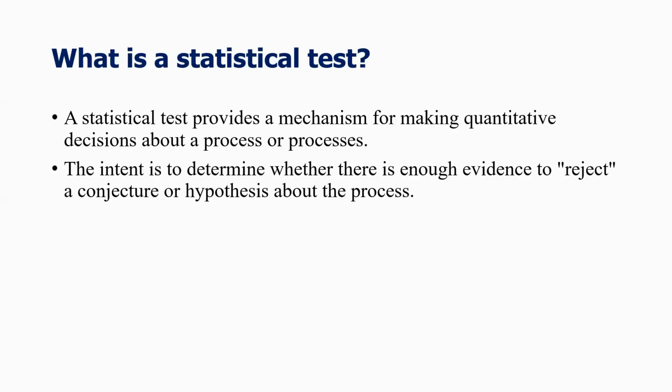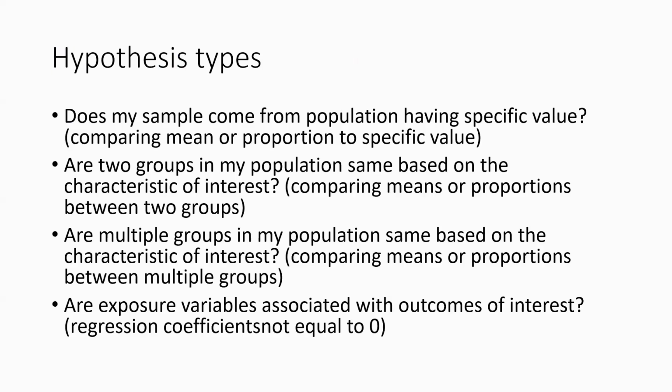In the context of these four research questions, for the first, the null would simply be that your population prevalence or proportion is equal to a specified value, versus that it is not equal to, either greater than or less than. In the second, the null would be that both groups are equal in terms of the characteristics that you are comparing them with. And third, all three are equal, versus at least one of them is different.